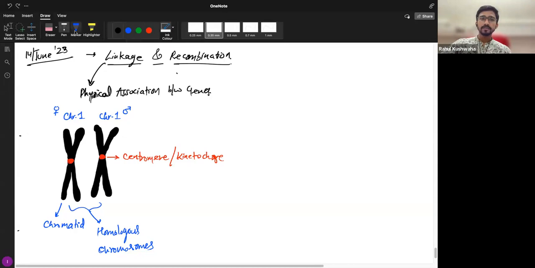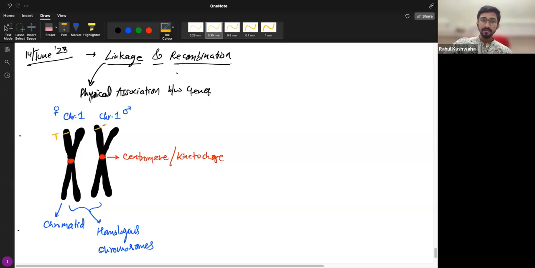Now, suppose on this pair there is a gene present here, capital T for tallness of the pea plant. Let's say it's a pea plant's chromosome. Then on the homologous pair also, this gene will be present exactly at the same location. But it may or may not contain the same allele.